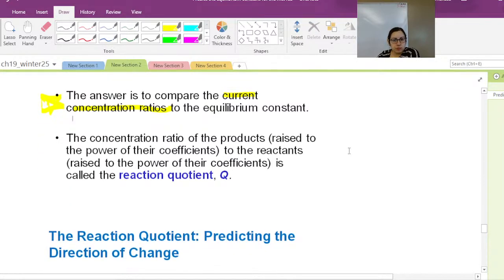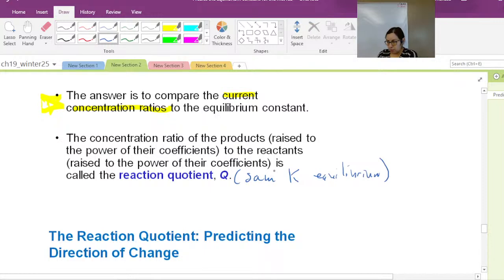And all this is saying is it's basically the same K equilibrium expression. They made it sound confusing, but it's saying it's products over reactants.